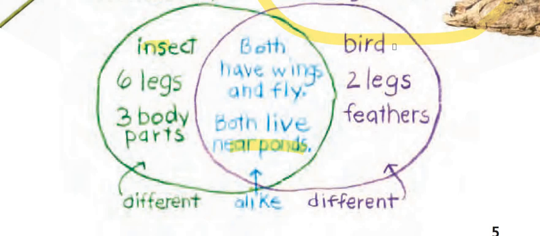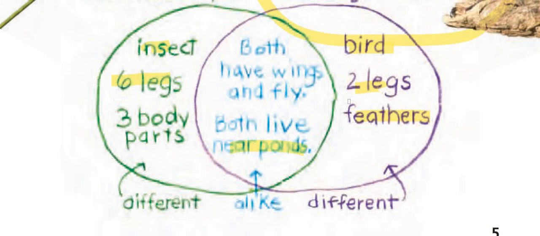This is an insect and this is a bird. The insect has 6 legs, and the bird has 2 legs. The insect's body has 3 body parts, a head, an antenna, and different parts of the body, okay, and the bird's body is covered with feathers.